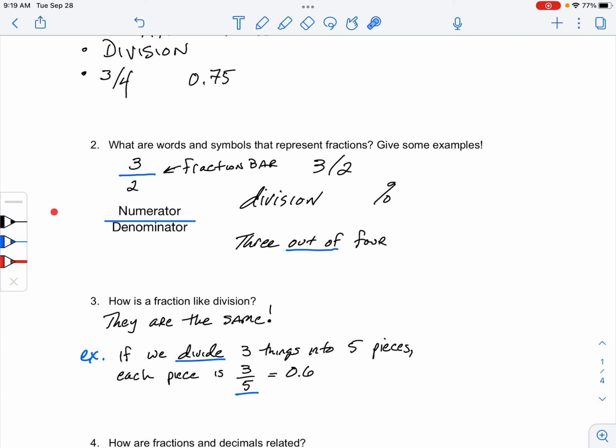The numerator is what we call the top number in a fraction, and the denominator is what we call the bottom number in a fraction. So up here, 3 would be the numerator and 2 would be the denominator. We will talk further about percentages and division. And another way that we say fractions is we might say 3 out of 4 would be that fraction 3 over 4, like that.